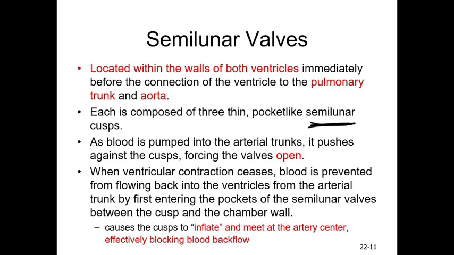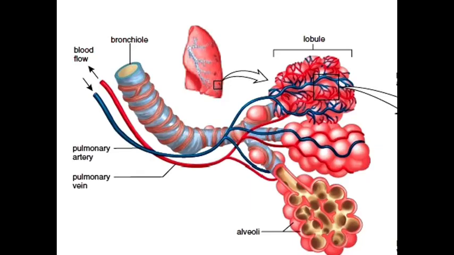And we'll see both of these valves in our heart model as we start labeling structures. So as the blood leaves the right side of the heart, goes into the pulmonary trunk and then to the pulmonary arteries, what happens next?